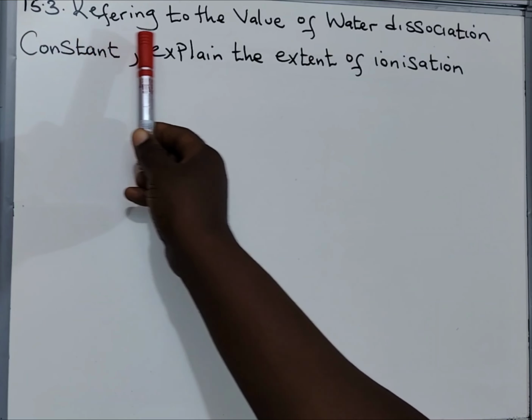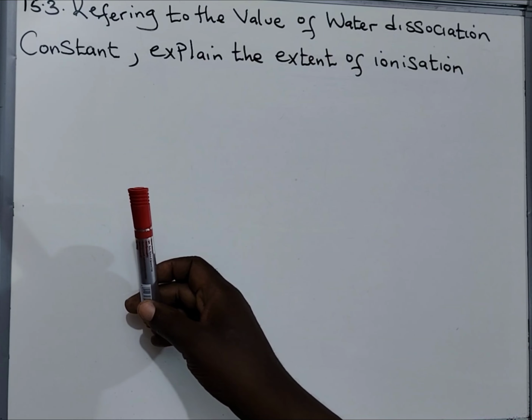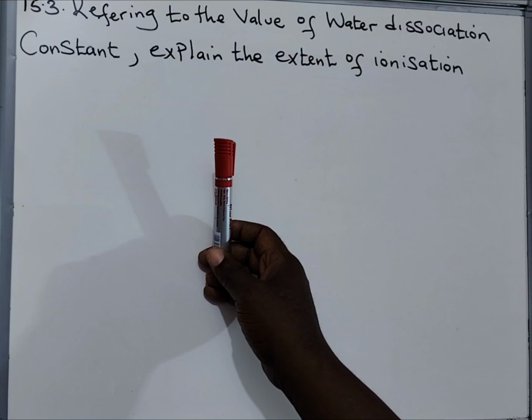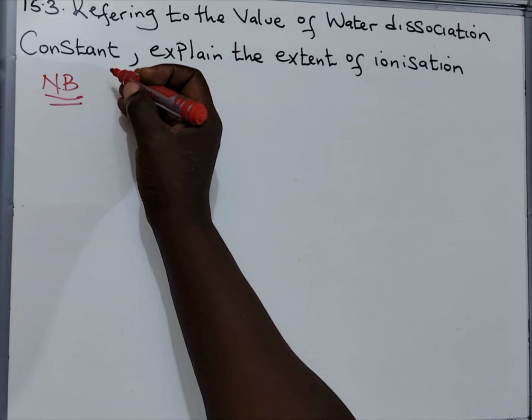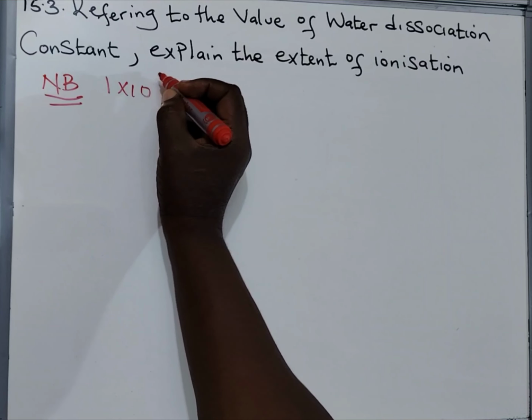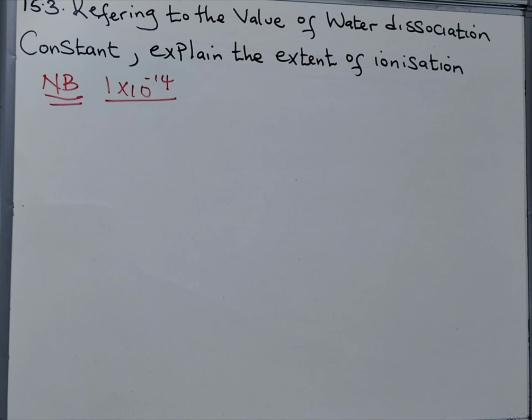It says that referring to the value of water dissociation constant, explain the extent of ionization. We found out that Kw, or water dissociation constant, is 1 times 10 power minus 14. So when you look at this value, what comes to your mind? It is very, very small. It is 0.000000, around 13 zeros.